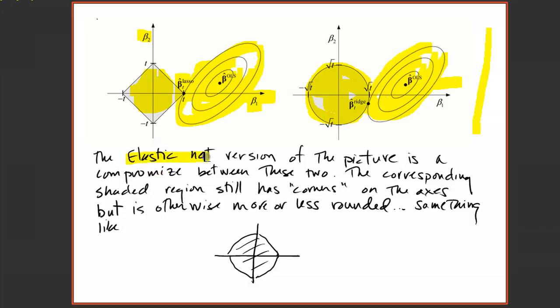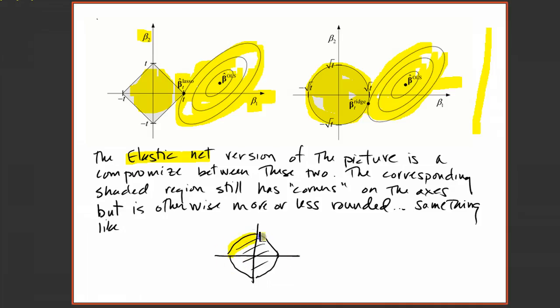For what it's worth, the elastic net version of this picture is sort of a compromise between those two pictures. The shaded region still has corners like the lasso, and therefore sometimes gives you the nice property of having absolutely zeroed out coefficients, but at the same time it's more rounded.